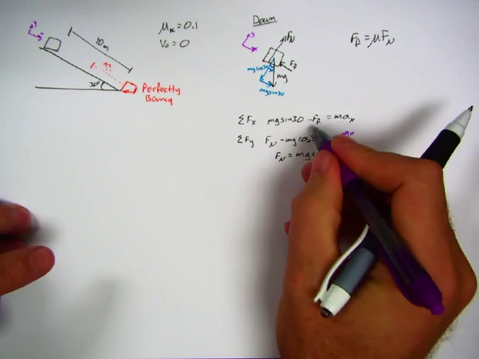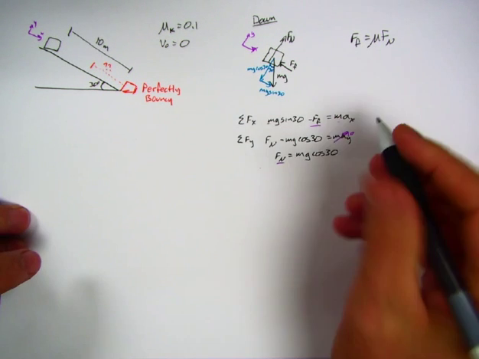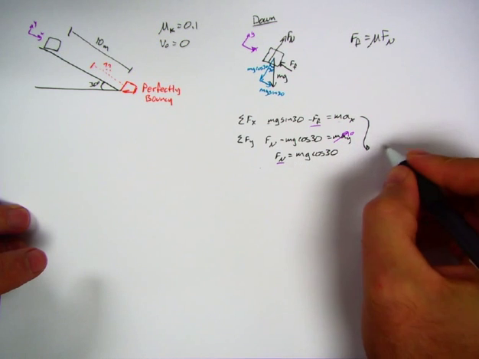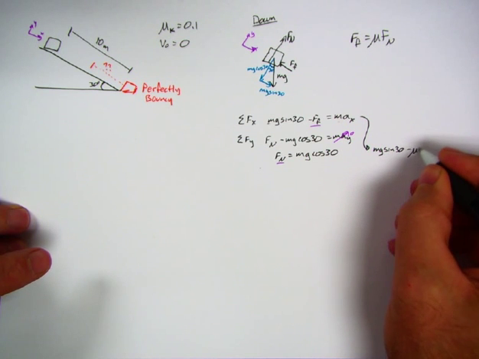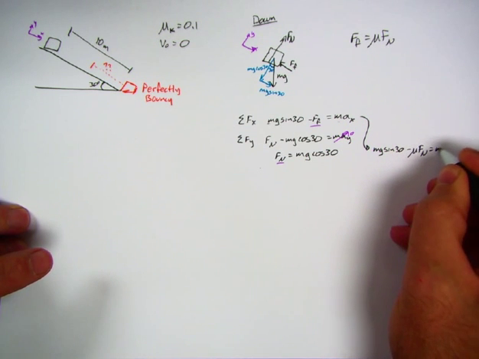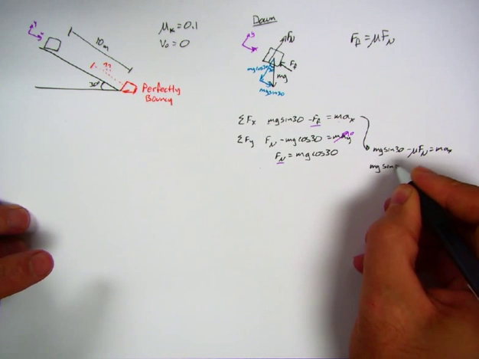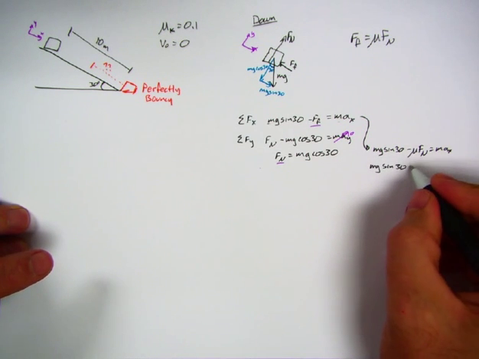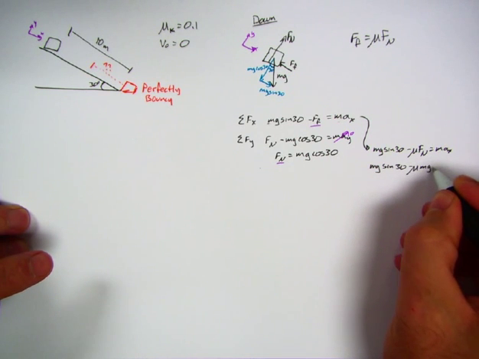I know the force of friction, I know F normal, so I can say mg sine 30 minus mu F normal equals max, or mg sine 30 minus mu mg cosine 30 equals max.